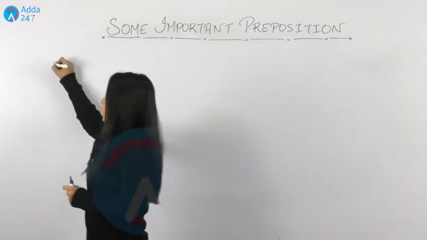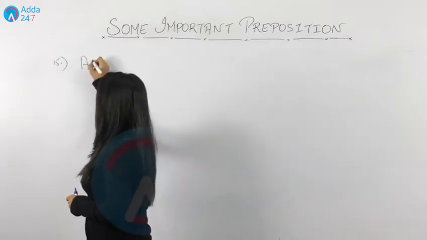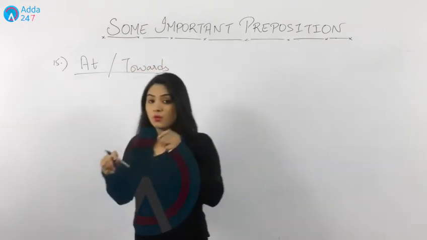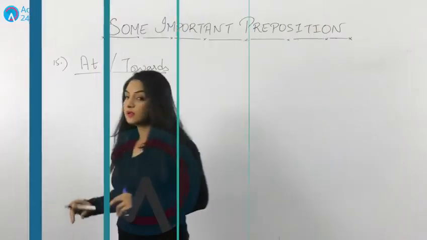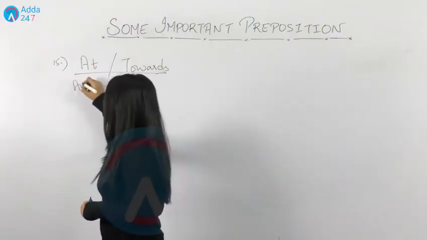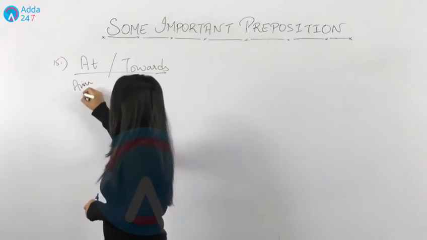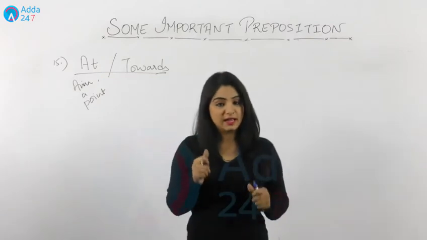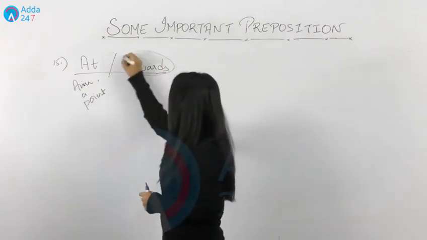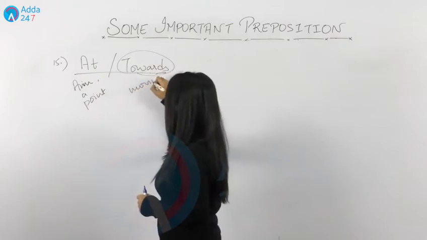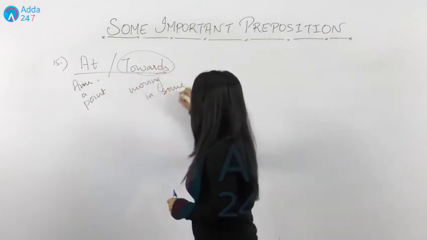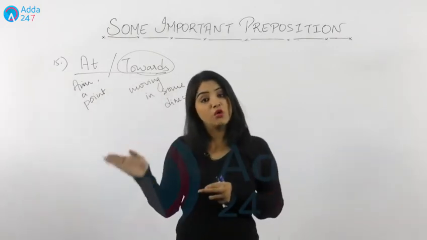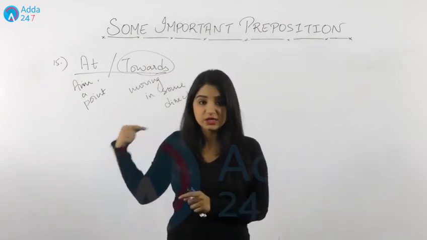Next is the 15th one, and it says what is the difference between at and towards. Now, when you have a perfect position, that means when you have an aim or a point to look at, then you use at. But when you have towards, it means moving in some direction. For example, if I say I am going to open the door, that means I am moving towards the door, isn't it?